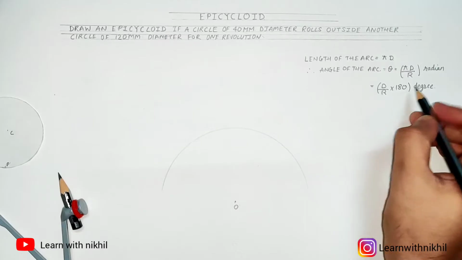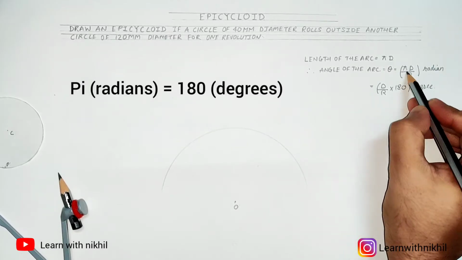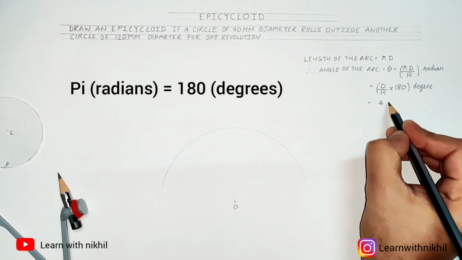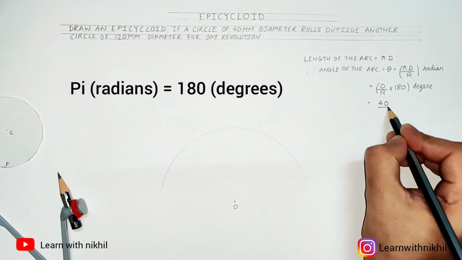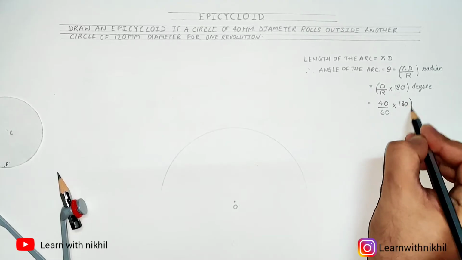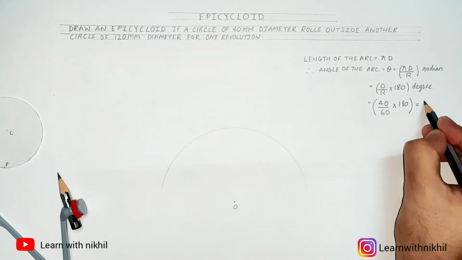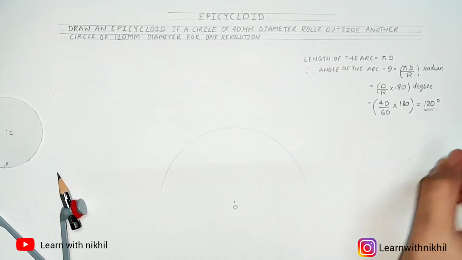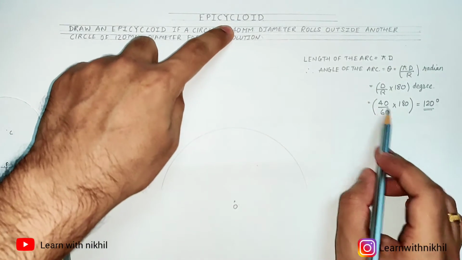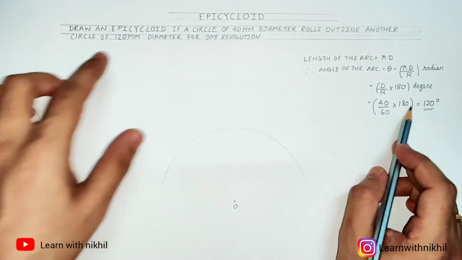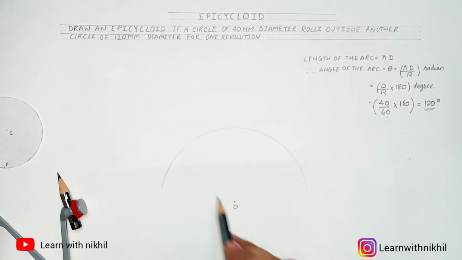That's why we have multiplied it by 180. So the diameter of the smaller circle is 40, upon the radius, that is 60, multiplied by 180, will give you 120 degrees. So 40 upon the bigger circle radius gives 120 degrees.